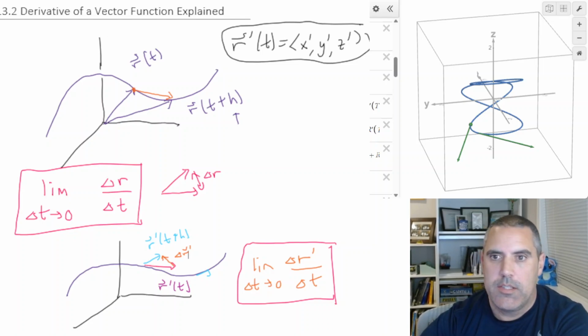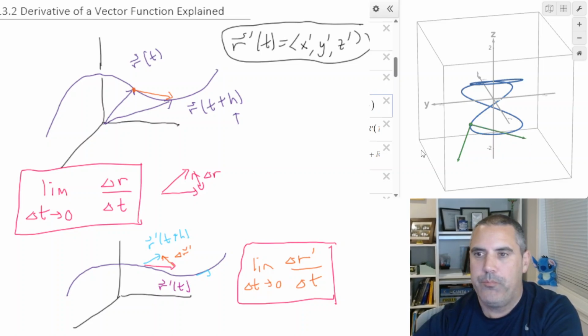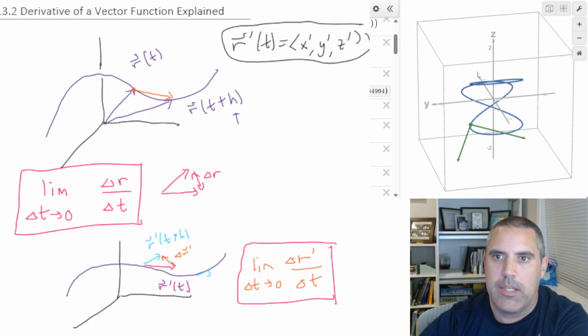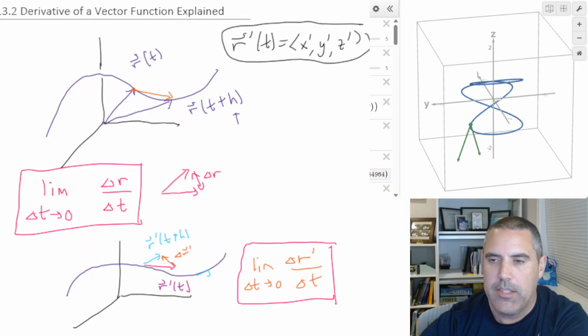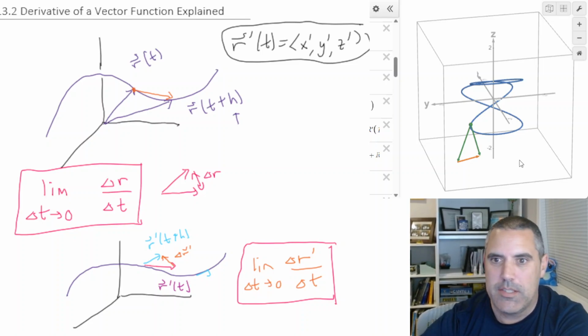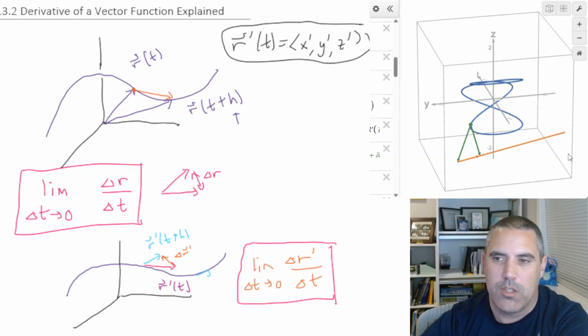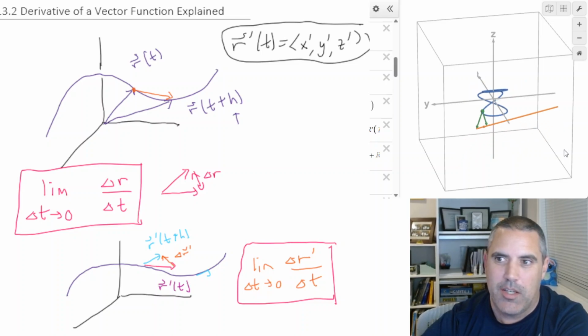Okay, so let me show you this. I'm going to move this vector back, touching the other one, and I can make h bigger or smaller. The smaller I make h, the closer they'll get. But I'd like to measure this displacement. So now we're going to do the displacement in this sense, the change in the velocities. Once again, we need to rescale. So we're going to do the change in velocity divided by the change in time.